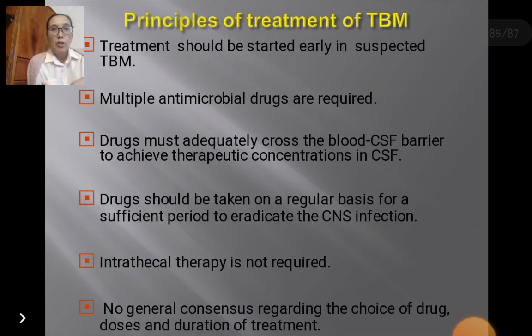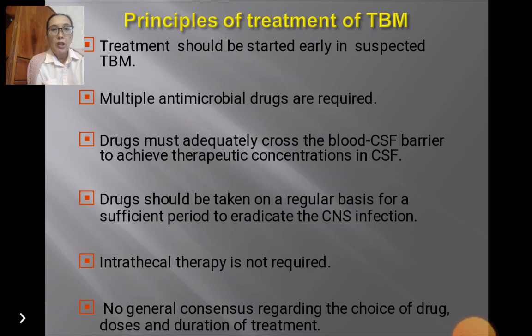Principles of treatment of TBM. Treatment should be started early in suspected TBM. Multiple antimycobacterial drugs are required. Drugs must adequately cross the blood-CSF barrier to achieve therapeutic concentration in the CSF.